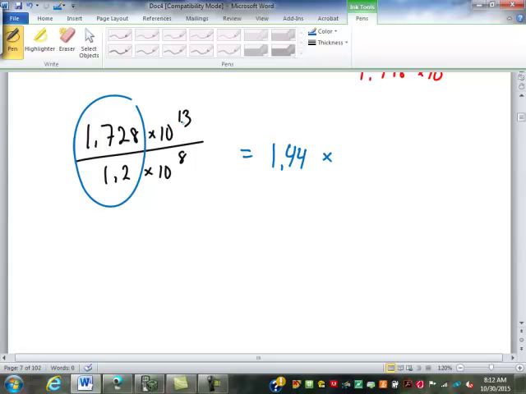We subtract. 13 minus 8 is 5, so 10 to the 5th. And that's all we got to do there. But we can run into ones like, gotta be careful here.